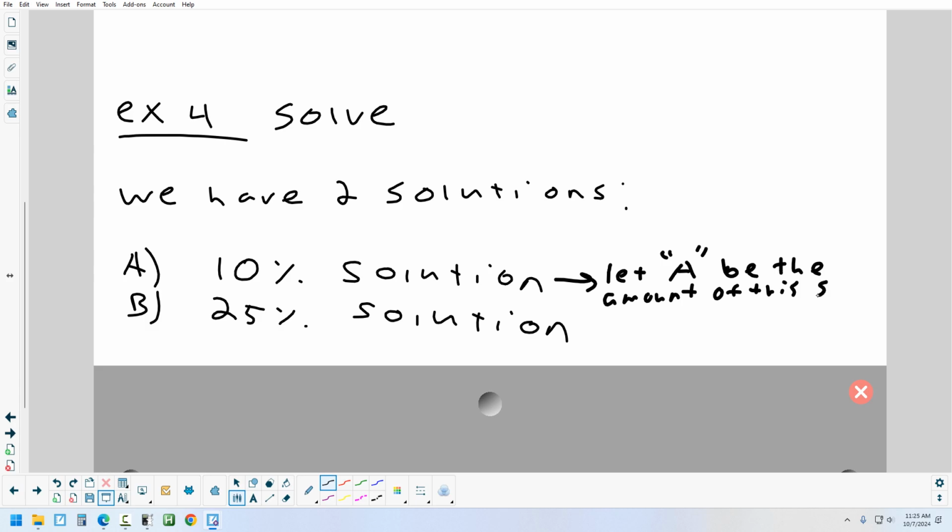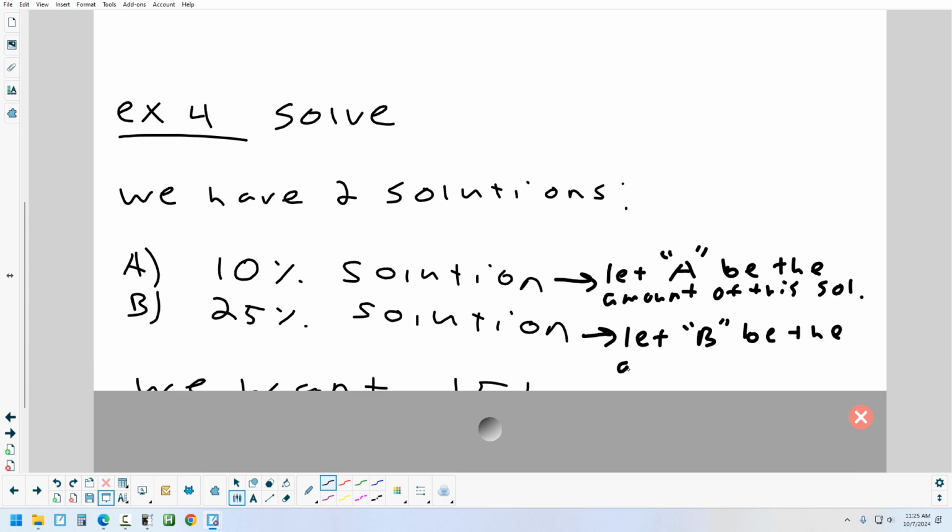So let A be the amount of this solution. And then for solution B, I would let the letter B be the variable that represents how much of that one you're going to pour in. So let B be the amount that you use of that solution.